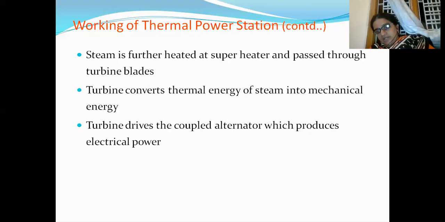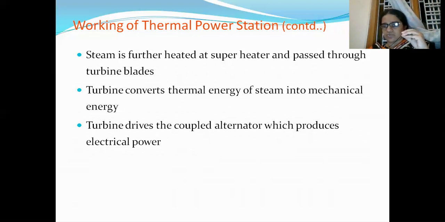Steam is only a vapor, so in order to get steam at a very high temperature, we pass it through a superheater, which increases the temperature of the steam.